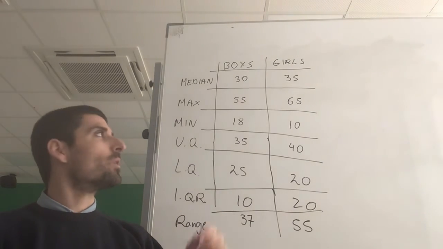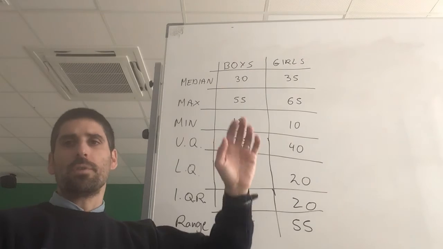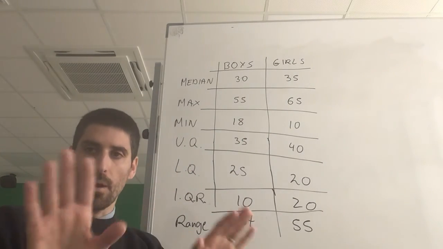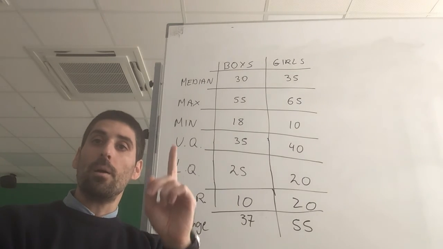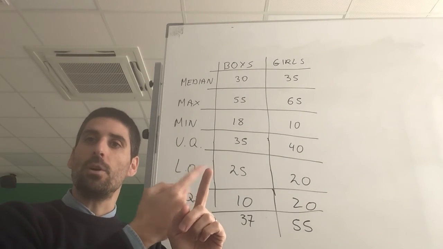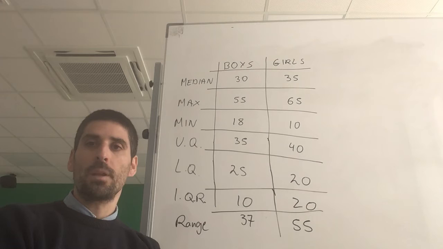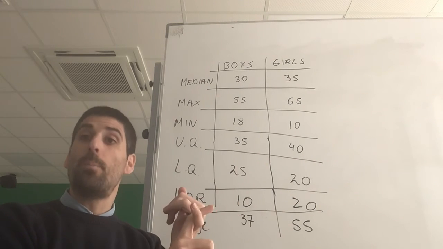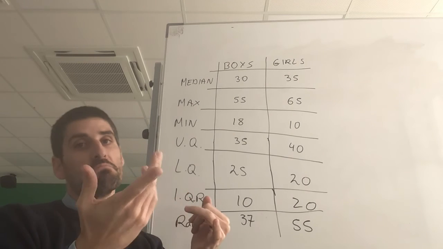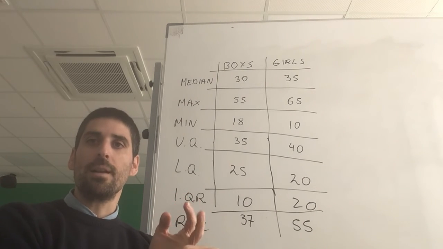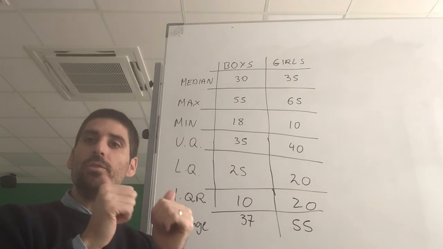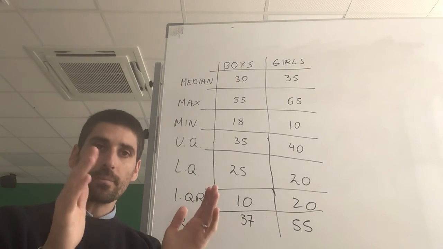Some people start writing, the highest for the boys was whatever, and the highest for the girls was whatever, but no. It is very simple. Remember, 1 mark, comparing a measure of average, the median. Another mark, comparing 1 measure of spread. Preferably interquartile range, but you could do the range as well. Reference the values in your answer and you will be absolutely fine.